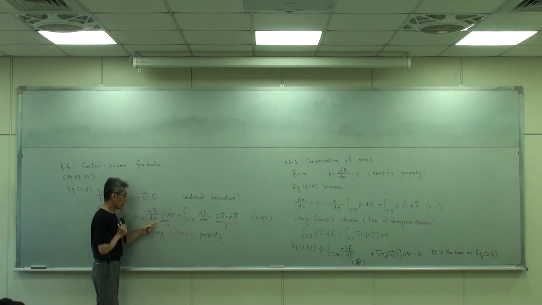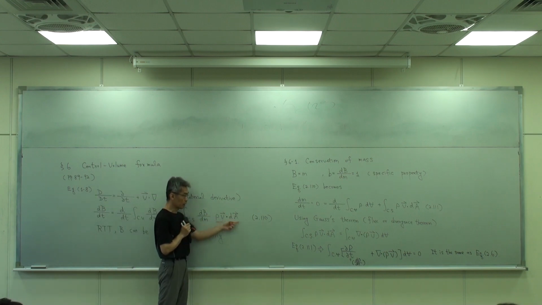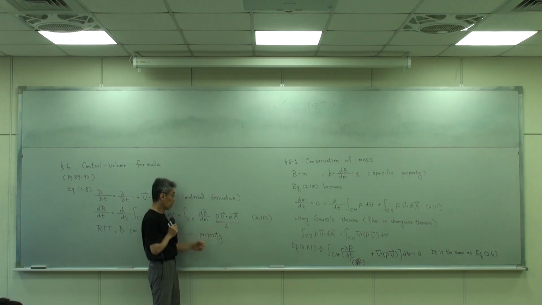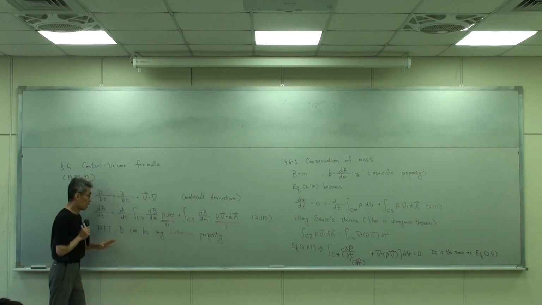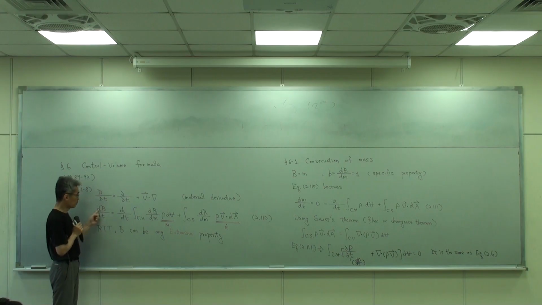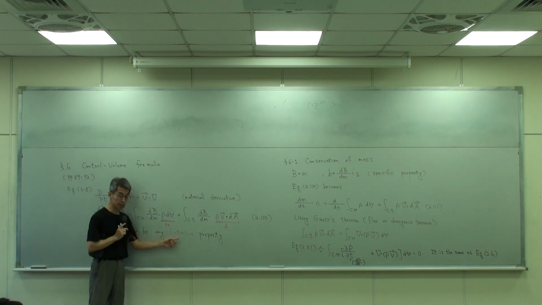If we take a look, the control volume term represents total mass, and this represents the in and out flow rate. Then this B can be any extensive property.